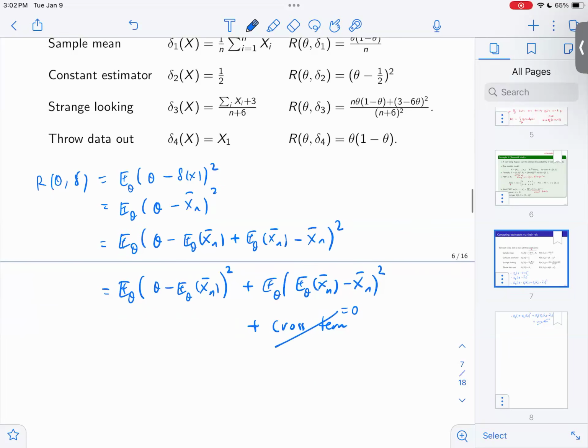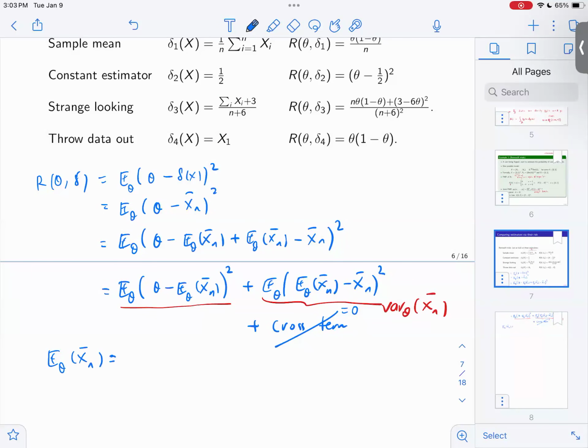So what is this term? This is really the definition of the variance of x bar n. And why is the other term 0? The expectation of x bar n is theta.